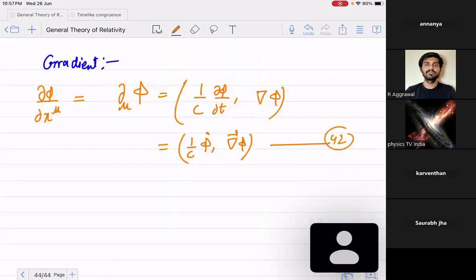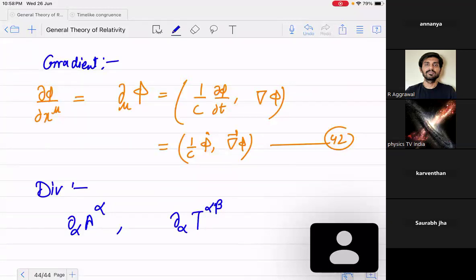Similarly, divergence is this, and it is the divergence of a vector. Similarly, divergence of a tensor. You can contract alpha also.